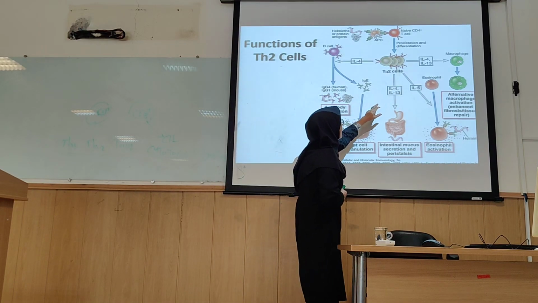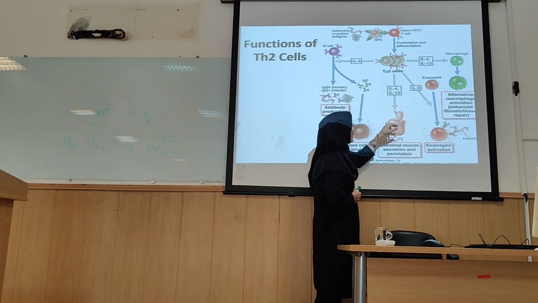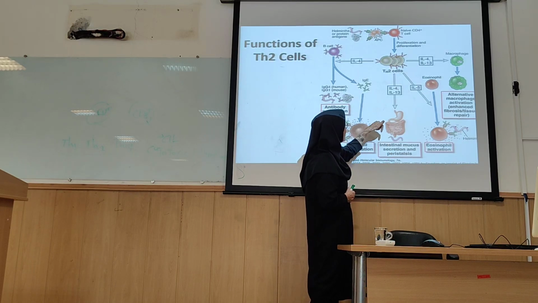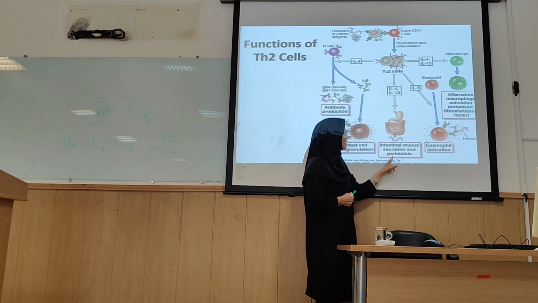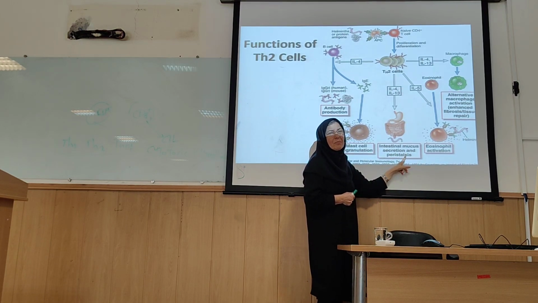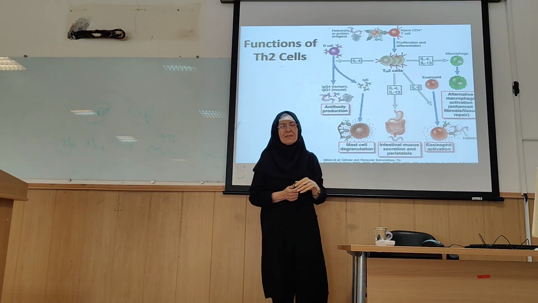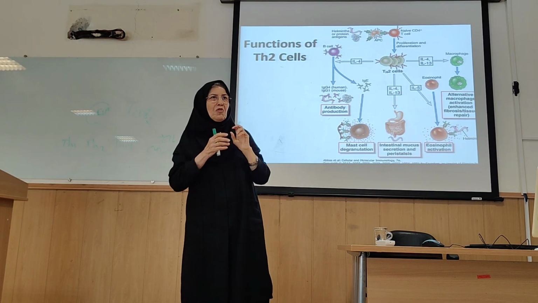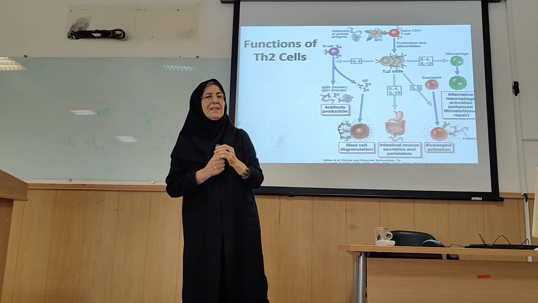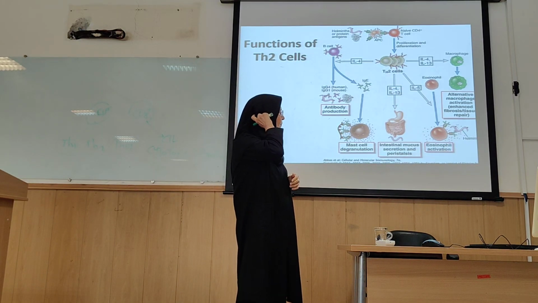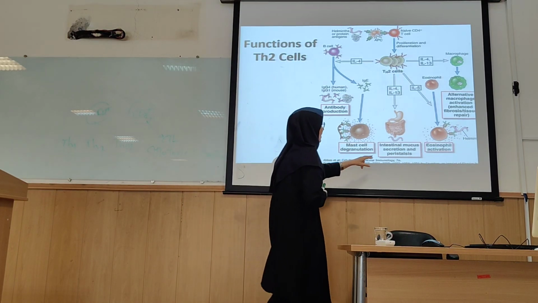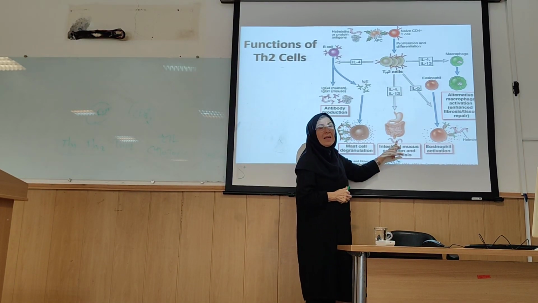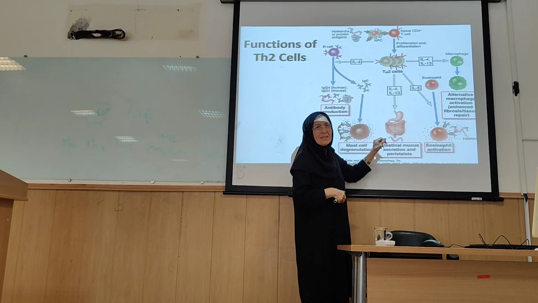And interleukin 4 and 13 act on intestinal mucus secretion and peristalsis, increasing the smooth movement of the intestine, and in this way can remove the helminths from the intestine.